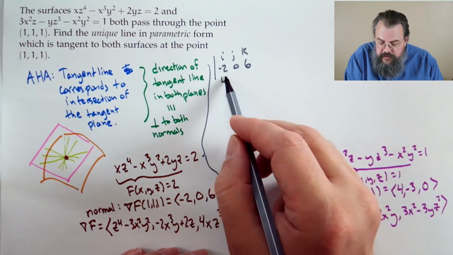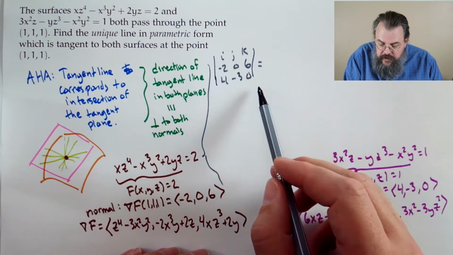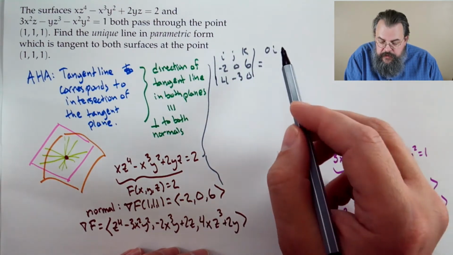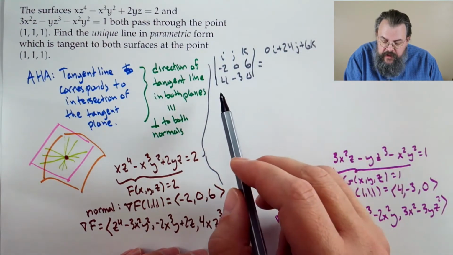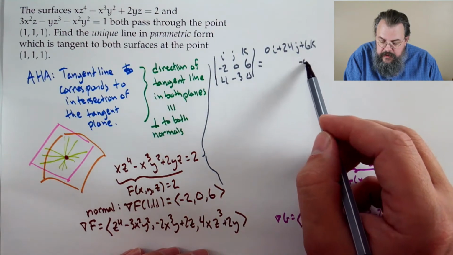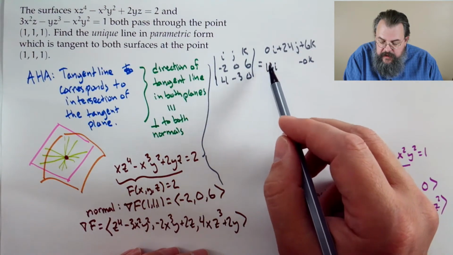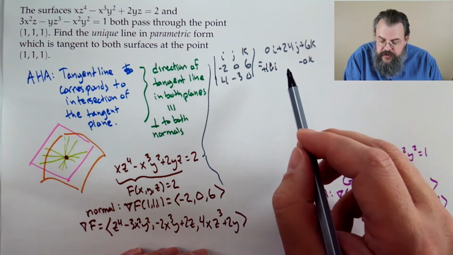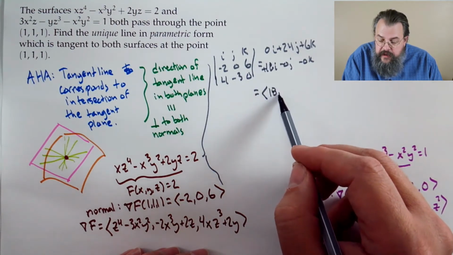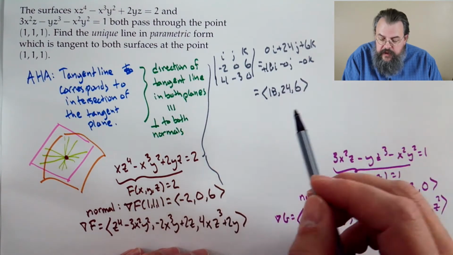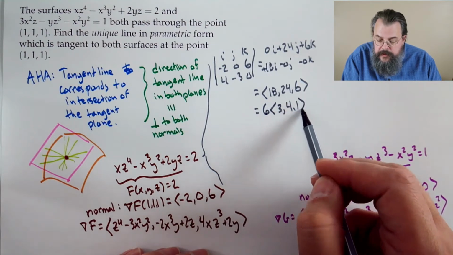What would that give us? 0i, oh, that's nice, 24j, 6k, then subtract 0k, subtract negative 18i, so add 18i, and subtract 0j. So it looks like we have 18, 24, 6. Now we could pull out a factor of 6. If we do that, we get 3, 4, 1.